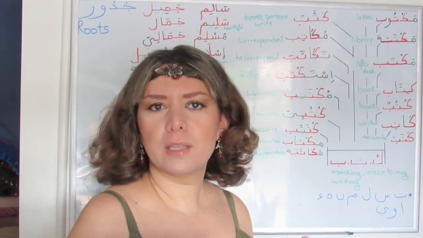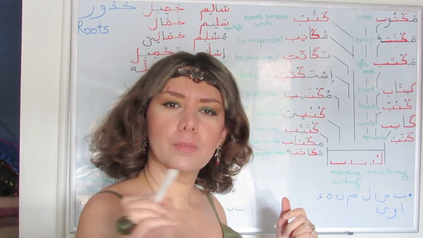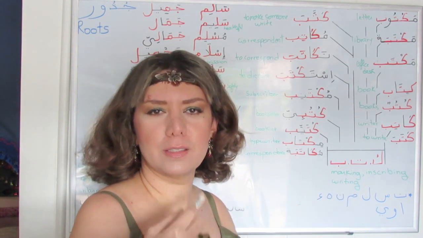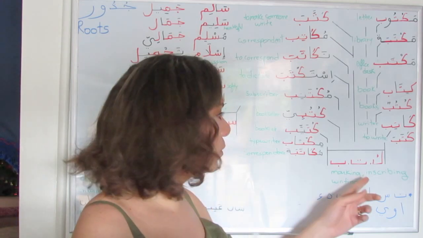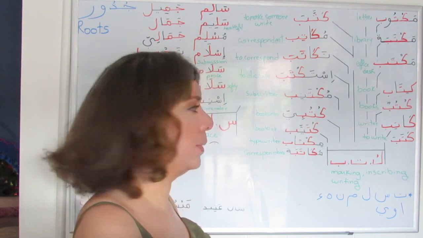We may pronounce it as if it had a fatha. It's just easy. Instead of saying kaf, ta, ba, say just kataba.